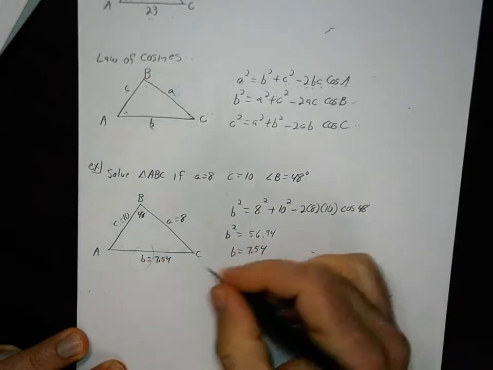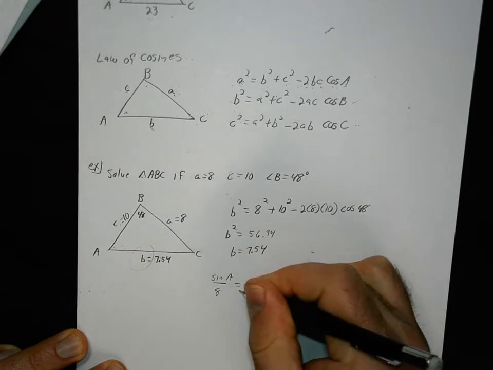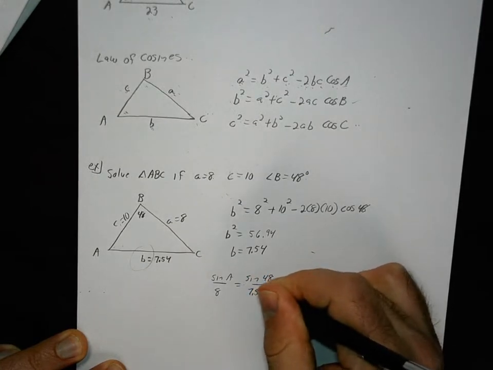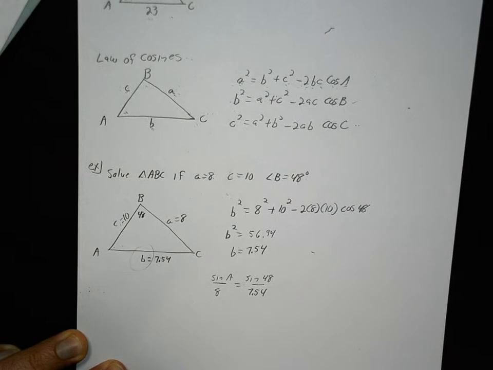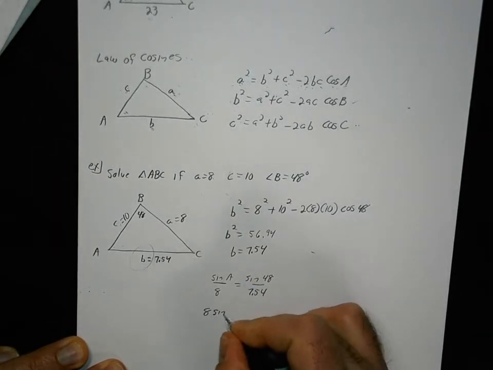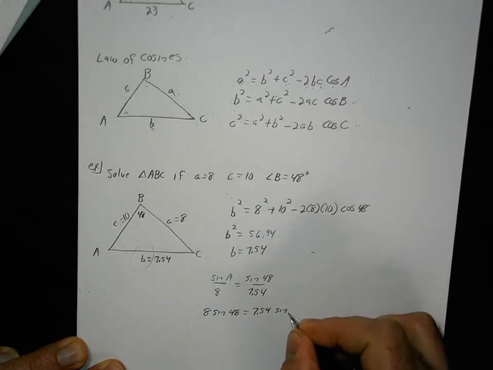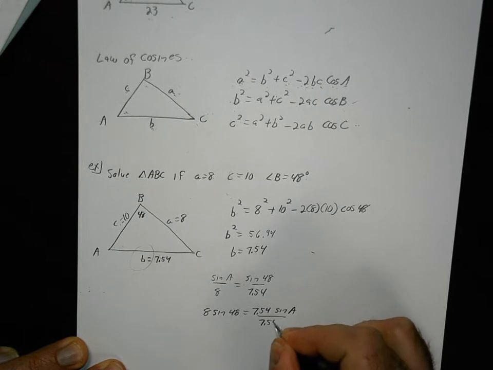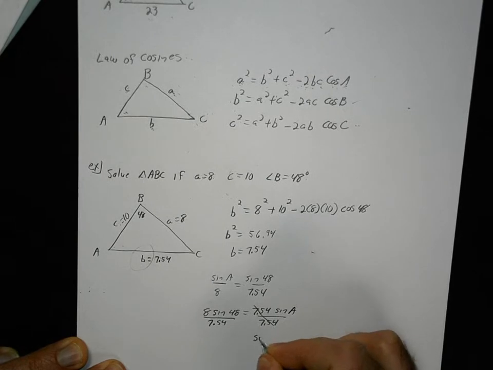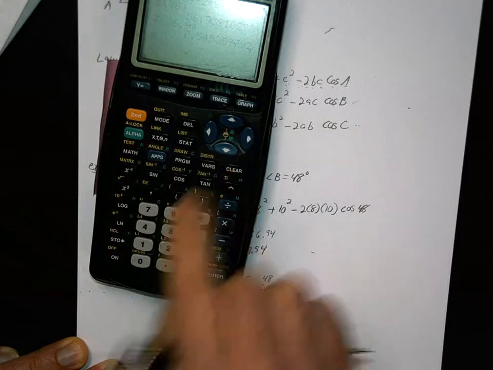Let's try to find angle A. So we go sine of A over 8 equals sine of 48 over 7.54. Cross multiply. Divide by 7.54. Sine of A. Back to our calculator again.